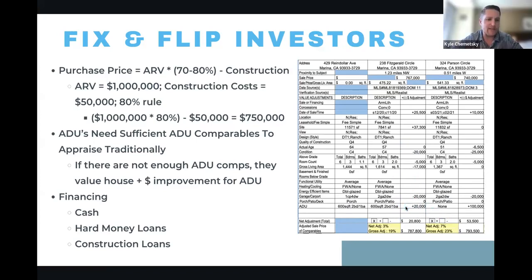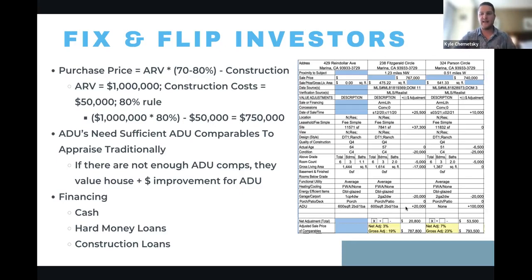Perfect. And then when we're looking at doing fix and flips, when we're working with those investors, there's only 3 ways that typically you're going to finance these. If you're able to buy a fix and flip with a conventional loan, it's typically not going to be a very good fix and flip. Of course, there's ample examples of ones that have worked, especially if you go more luxury, because you can go really high end with the finishes.